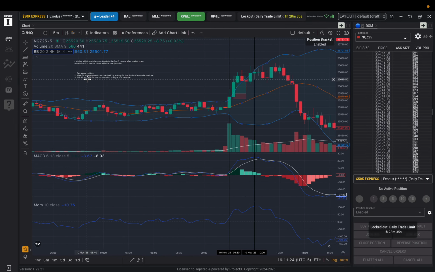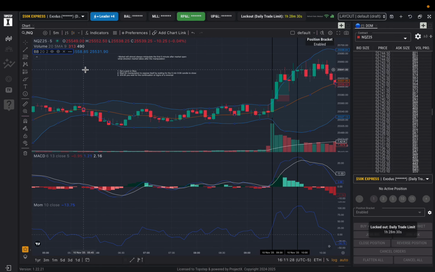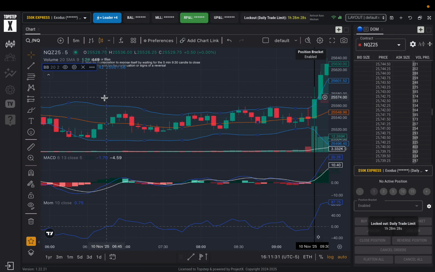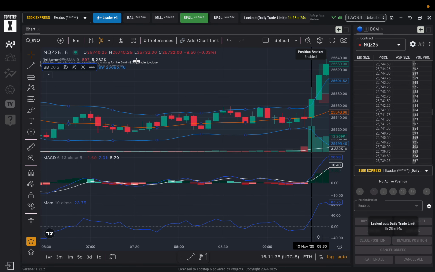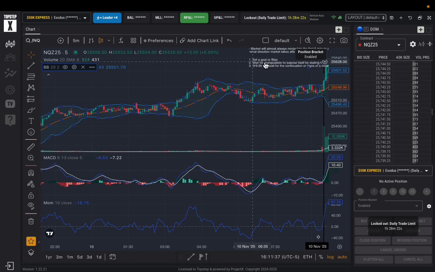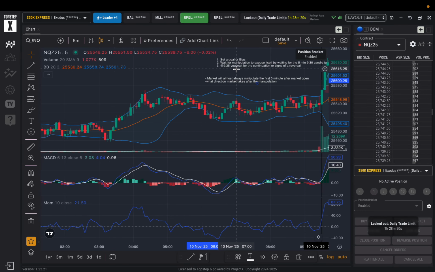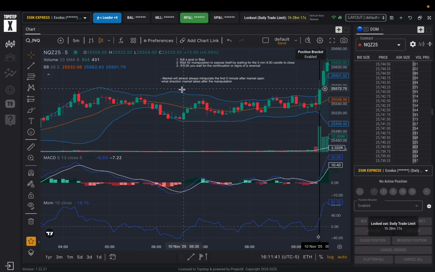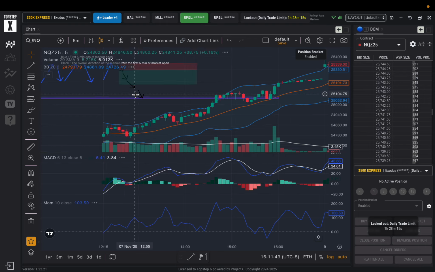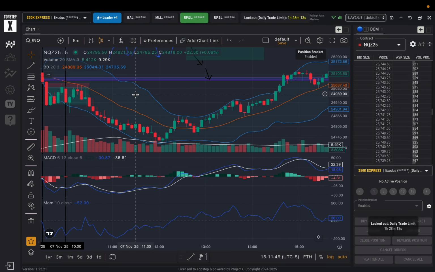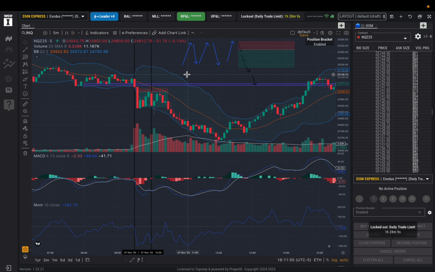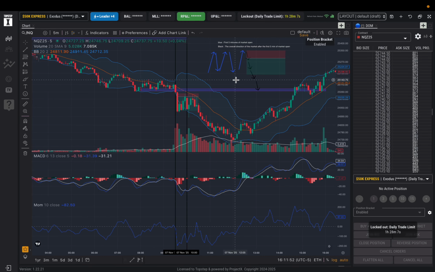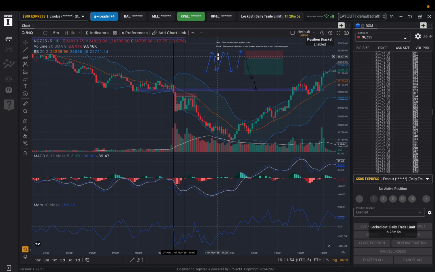So again, these are the rules right here. And then we need to look at this. Remember, the first 5 minutes are these candles right here.